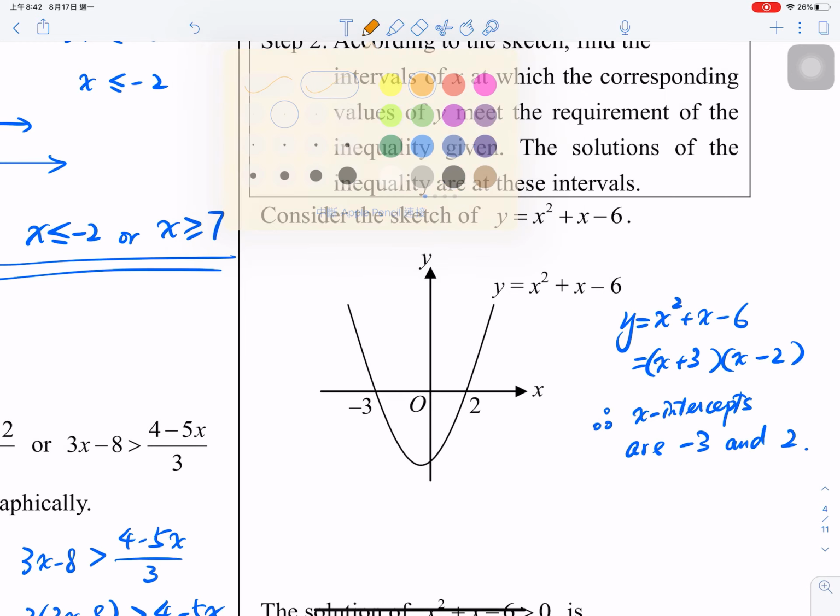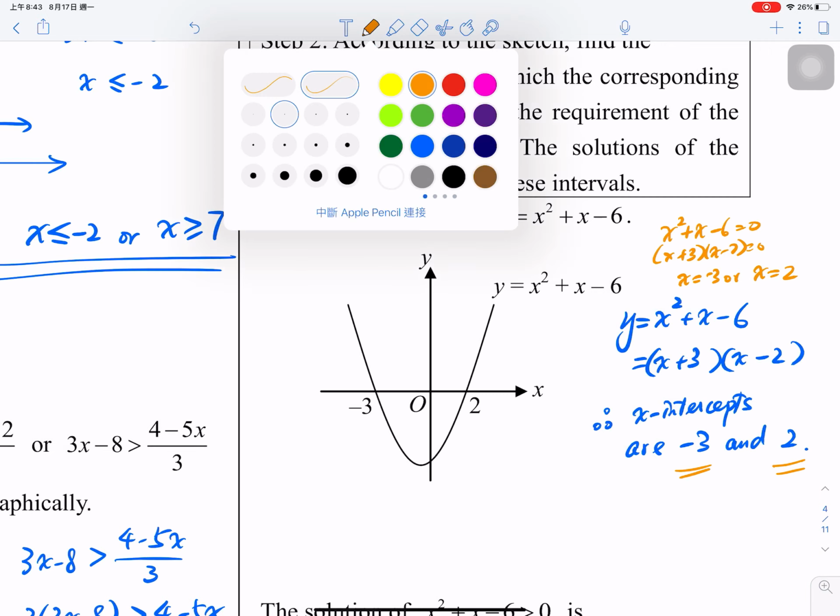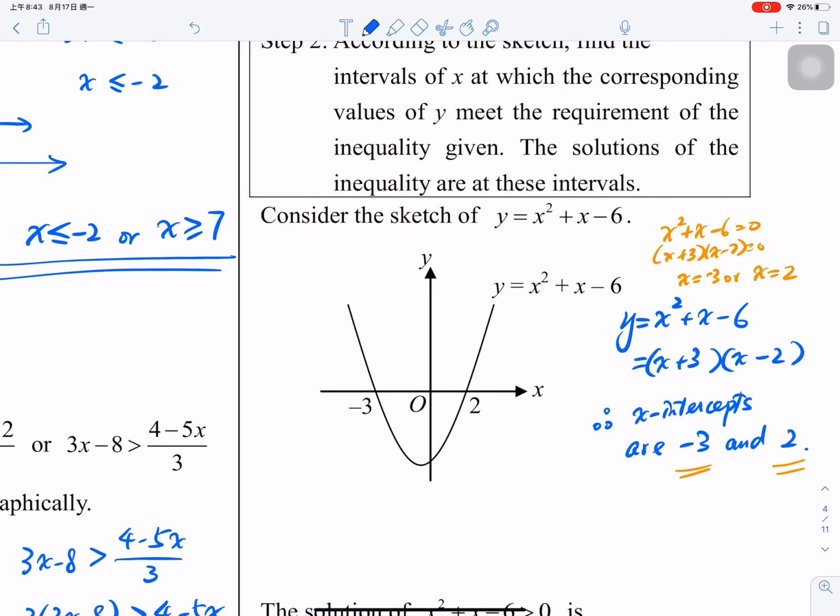Think about this one: x squared plus x minus 6 equals 0, (x plus 3)(x minus 2), so x equals negative 3 or x equals 2. So here, 2 x-intercepts, right?